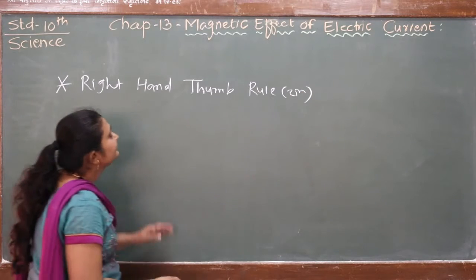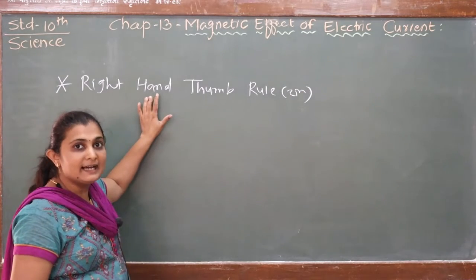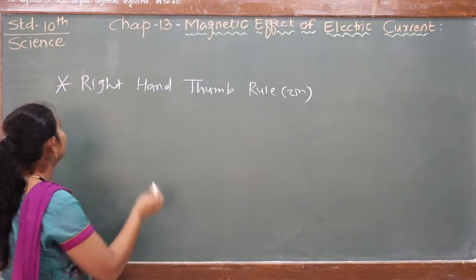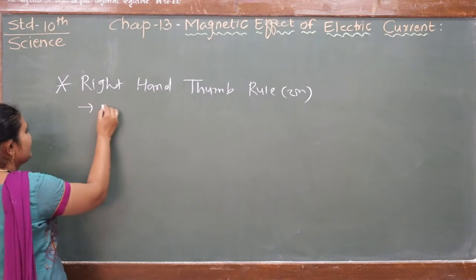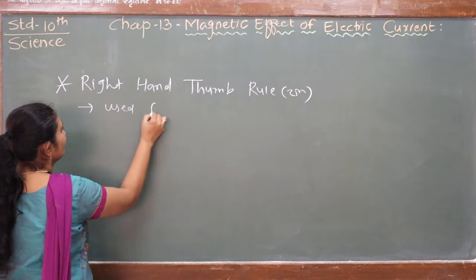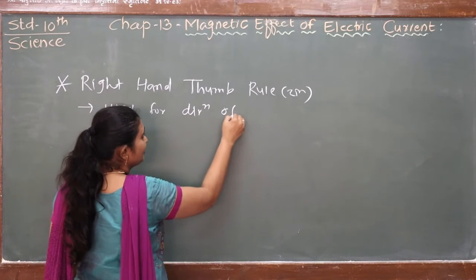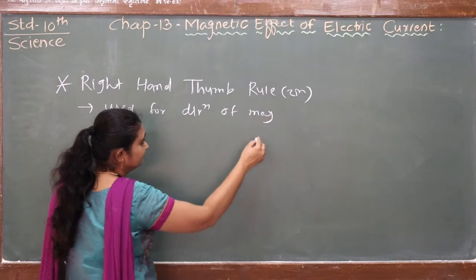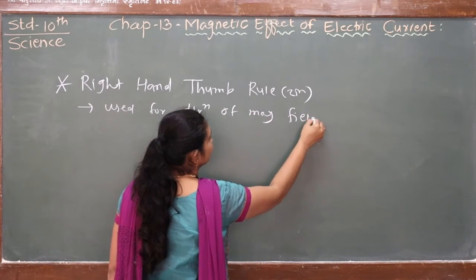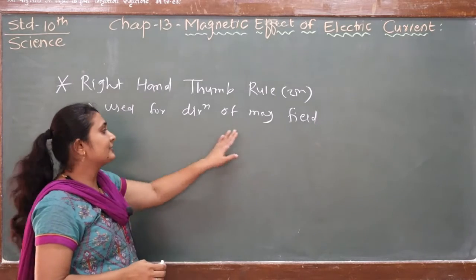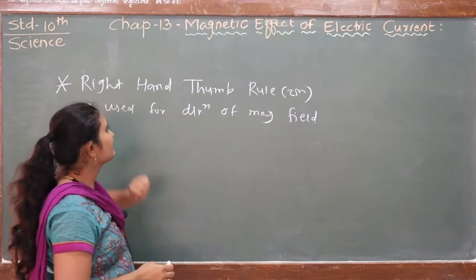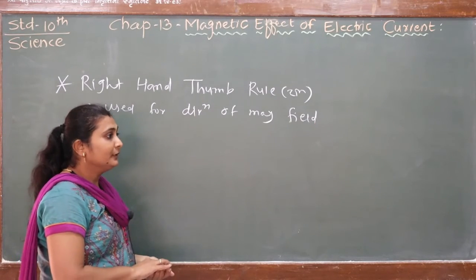For 2 marks, the right hand thumb rule will be asked. Now what is the right hand thumb rule? First of all, it is used for the direction of magnetic field. Whenever you have to find the direction of magnetic field, you have to use the right hand thumb rule.